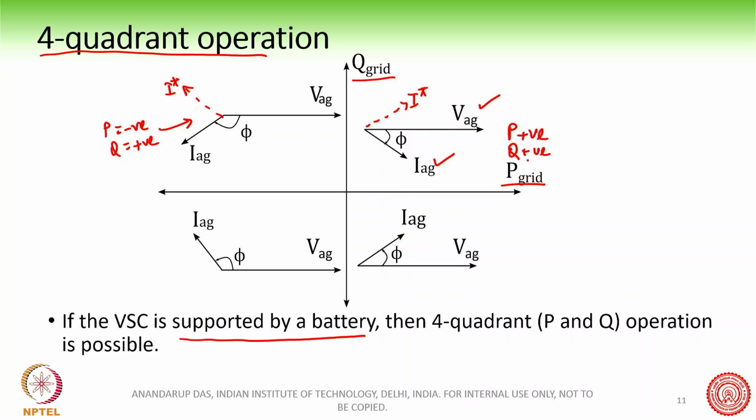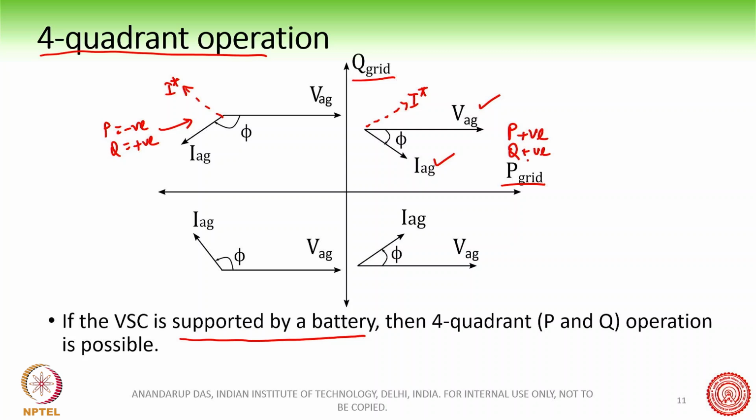And this can only happen if you have a battery or an energy source connected to the PV, like a battery or a fuel cell or something like that. If you have an energy source connected to the PV, then you can exchange whatever P and Q you are being asked to.